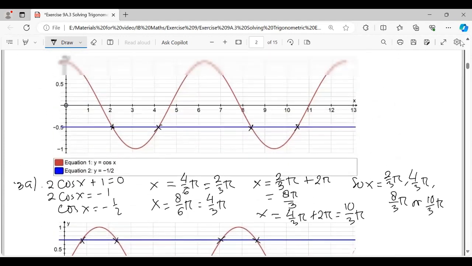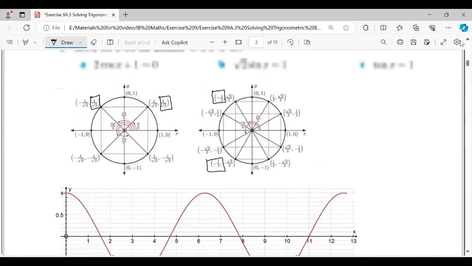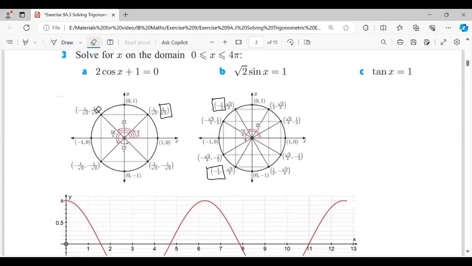On this diagram, we go back to this diagram. The same values are this: cosine x equals negative 1 over square root 2, sine x as well, negative 1 over square root 2.